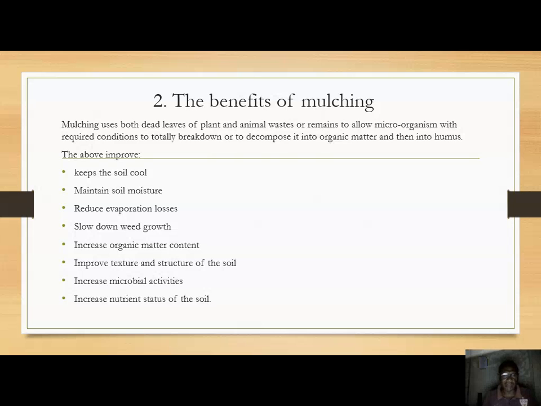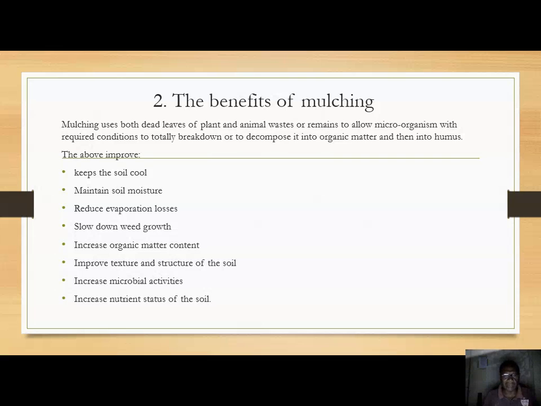It's very important that we keep the moisture level of the soil at the optimum level, especially when we reach the dry season. It reduces evaporation losses. It slows down weed growth. If we apply mulches, we suppress weeds from growing. It increases organic matter content.